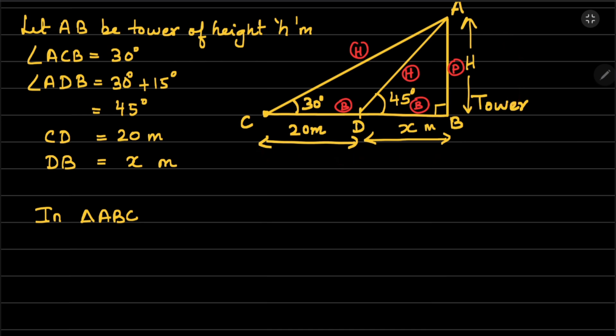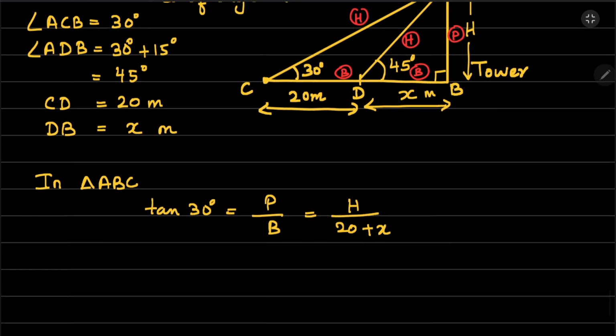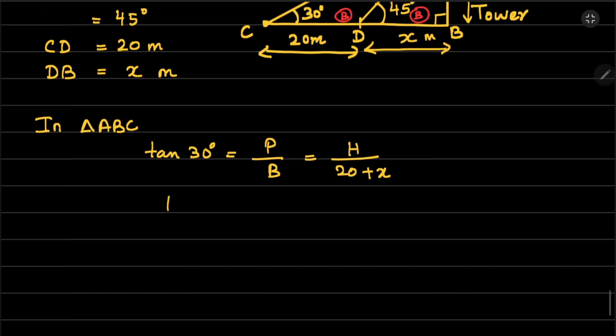So tan 30 equals P by B. Perpendicular is capital H, base is 20 plus x. What is tan 30? It is 1 by root 3, equal to H by 20 plus x.